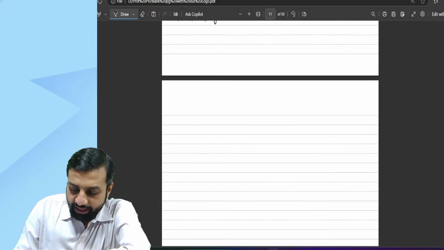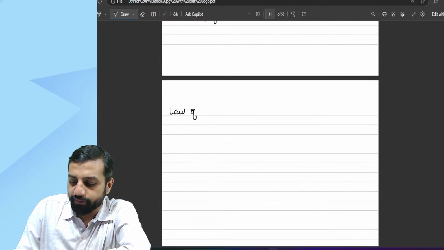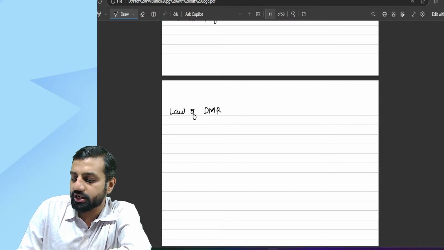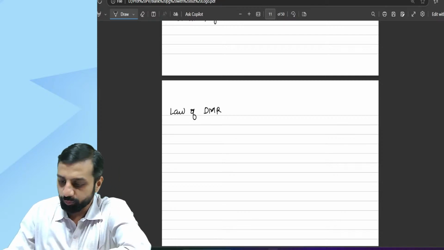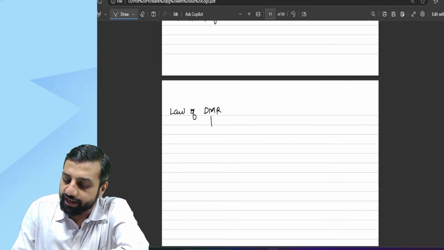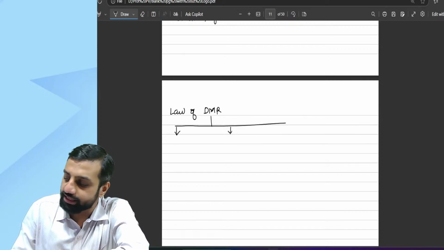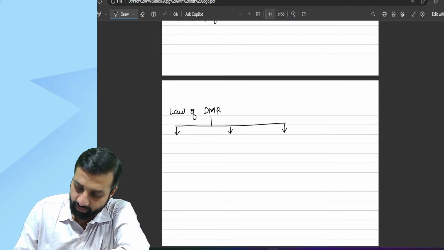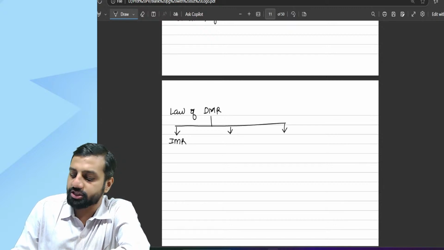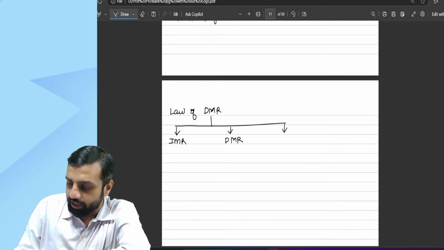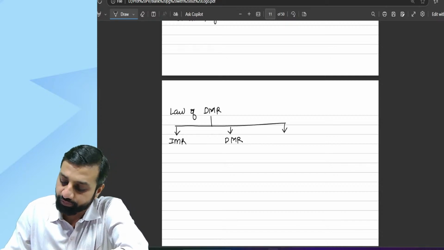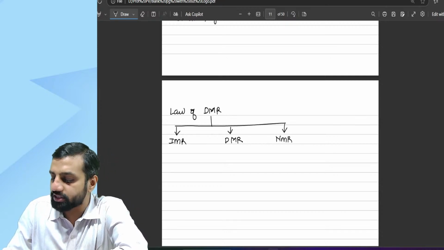So when we study law of diminishing marginal returns, it is divided into three stages: increasing marginal returns, diminishing marginal returns, and negative marginal returns.